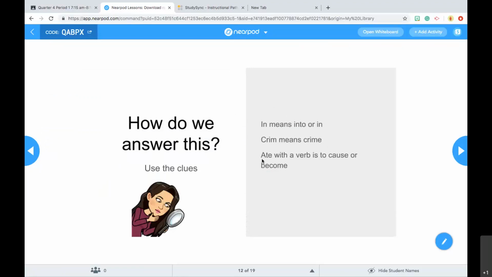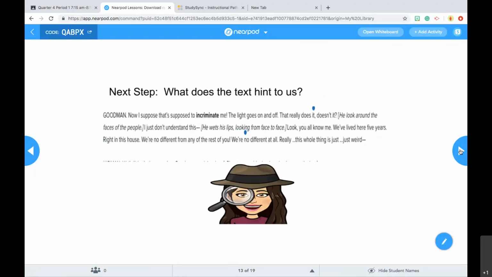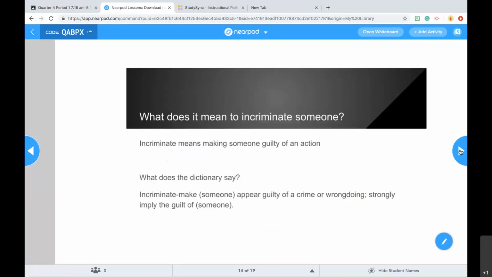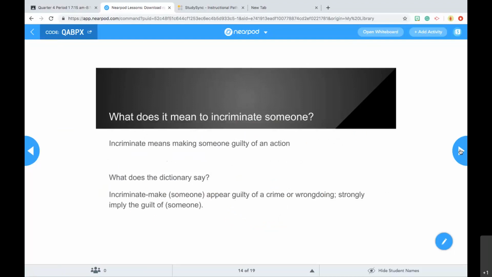And -ate with the verb is to become, so you become involved in a crime. Then I read it in the sentence: Now I suppose that's supposed to incriminate me. The light goes on and off. That really does it, doesn't it? Incriminate means making someone guilty of an action.